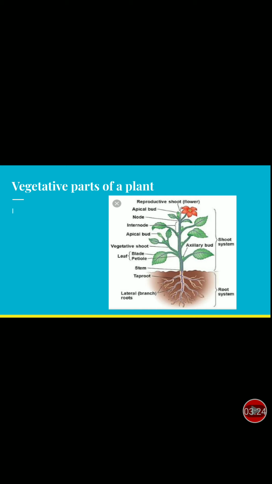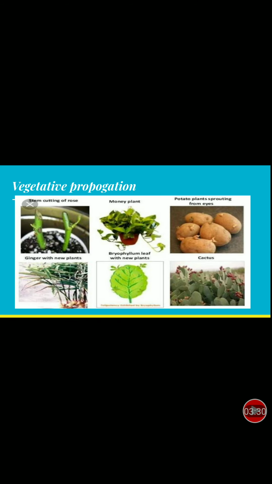There are several ways by which plants produce their offsprings, their young ones. These are categorized into two types. Please remember, there are two types: asexual and sexual reproduction.